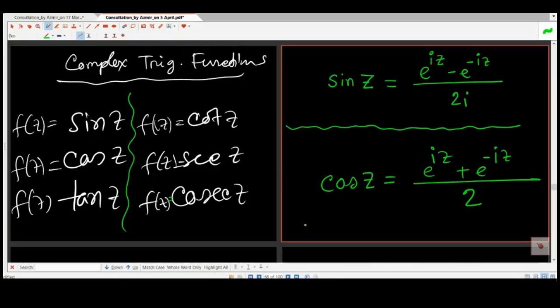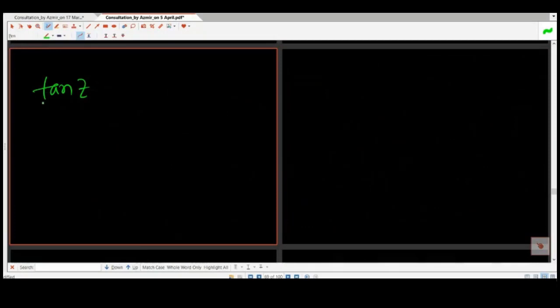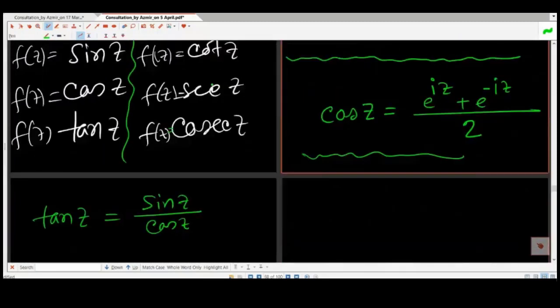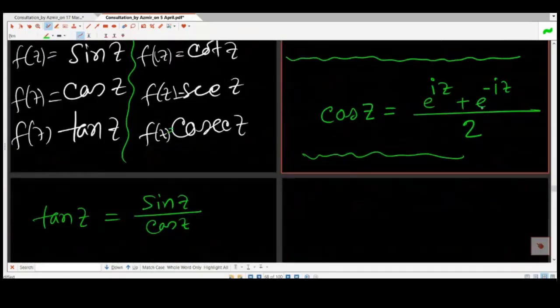So using these two formulas, we can establish all formulas. Suppose we have tan of z. We know that it is sine of z over cosine of z. Then sine of z is this one, cosine of z is this one. We can evaluate easily.